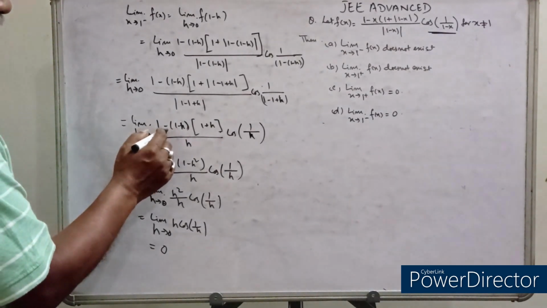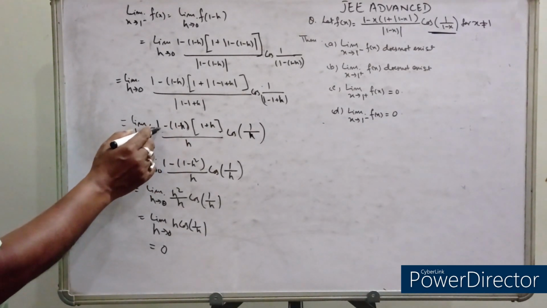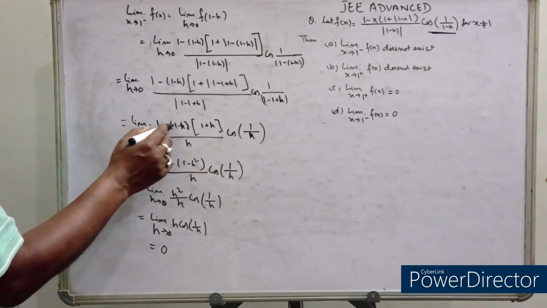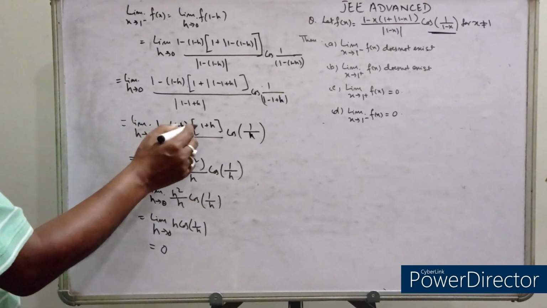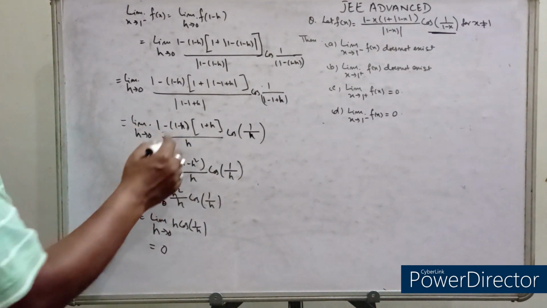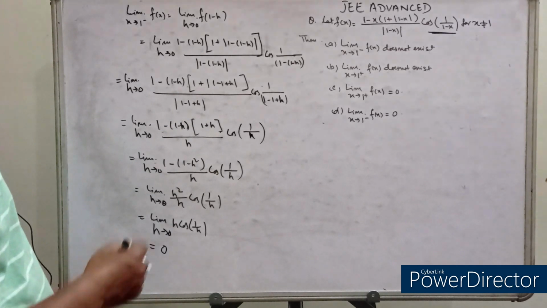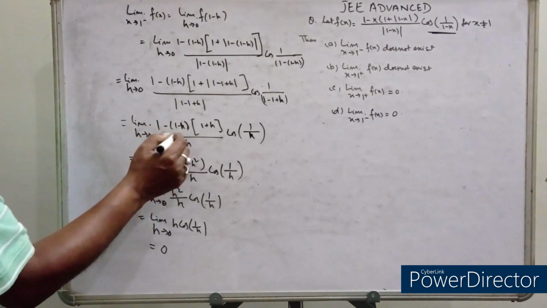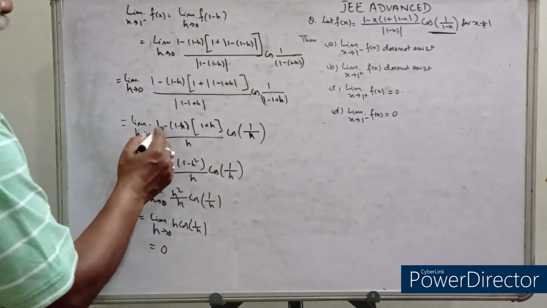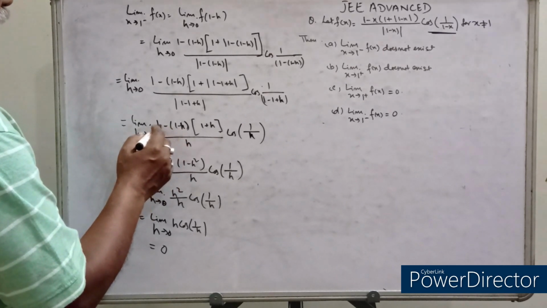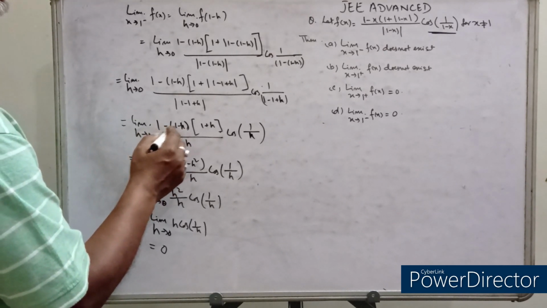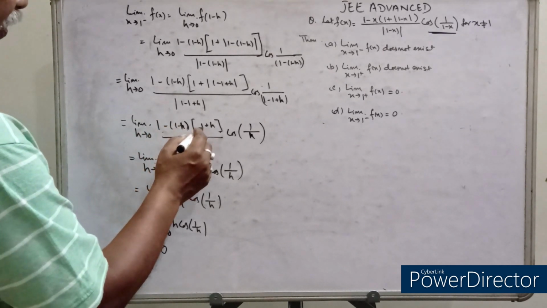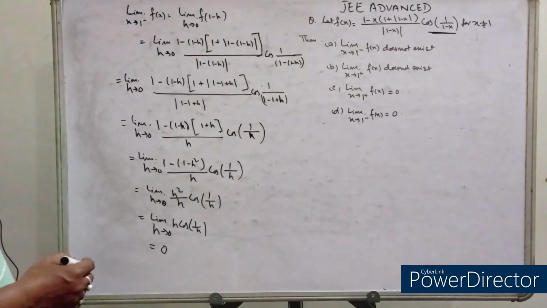He will open this bracket, 1 minus 1 plus h, 1 cancels out, h will remain. So here they make some mistake.